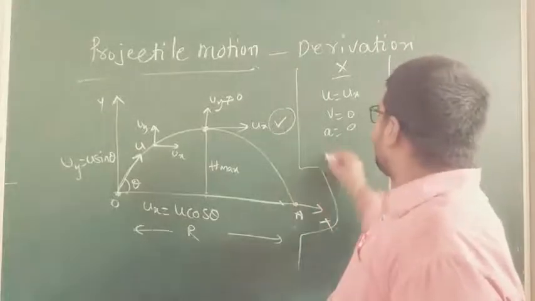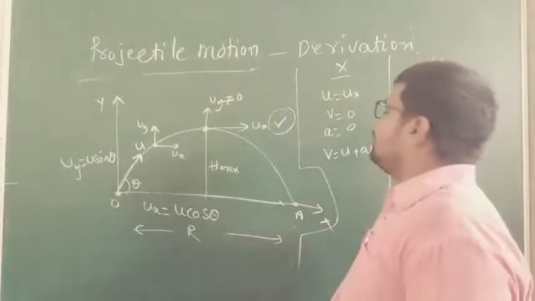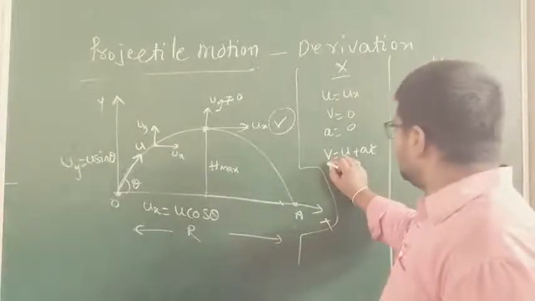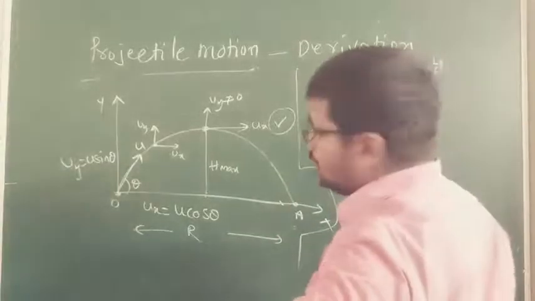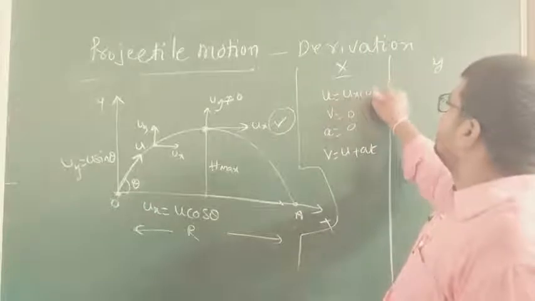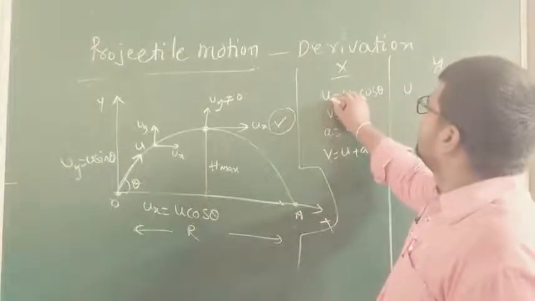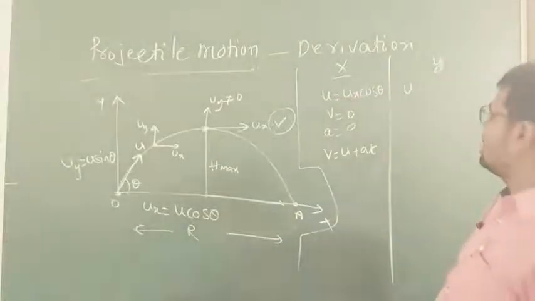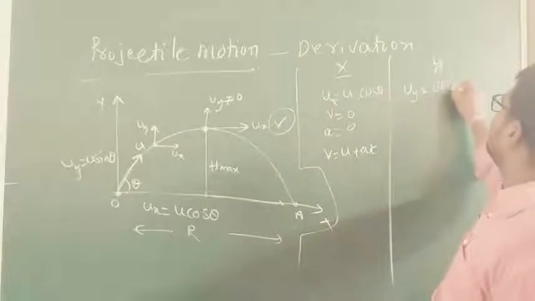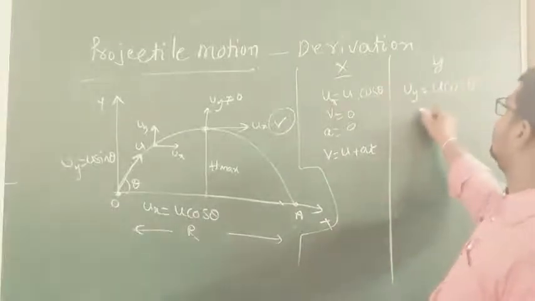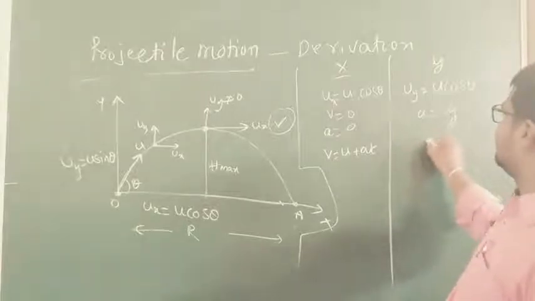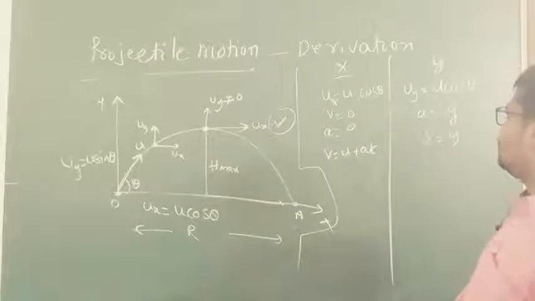Along the y-axis, initial velocity is u sin theta, and a is equal to minus g.